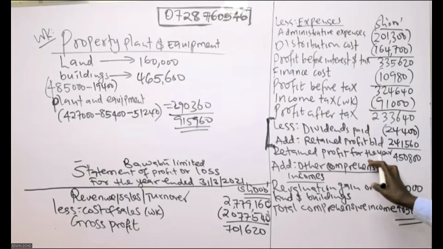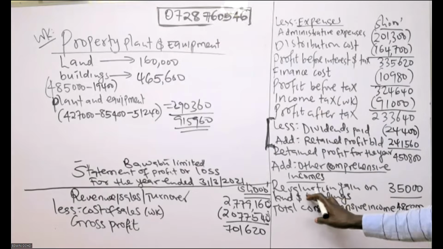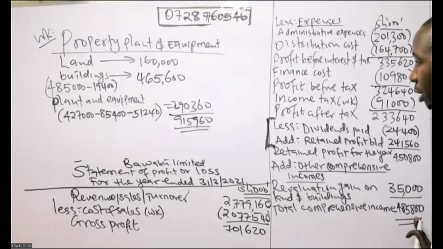You get the retained profit for the year, add other comprehensive incomes, that is an evaluation gain on the land and building. We did working one for this, so that we get a total comprehensive income.